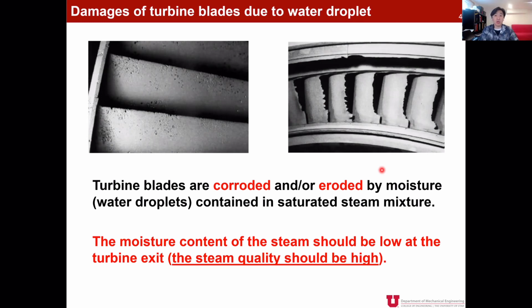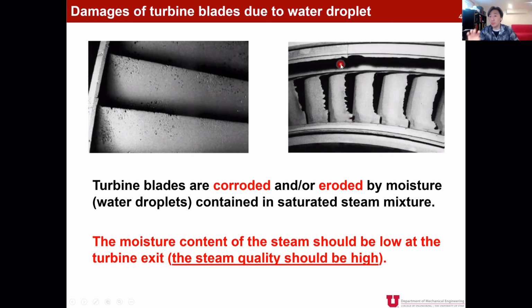Even though the water droplets are pretty small, if you really think about water droplets inside the steam, they can impact the blade surfaces at high speed, and that causes corrosion or erosion problems. By looking at those blades, here we can see huge damage on the blades.